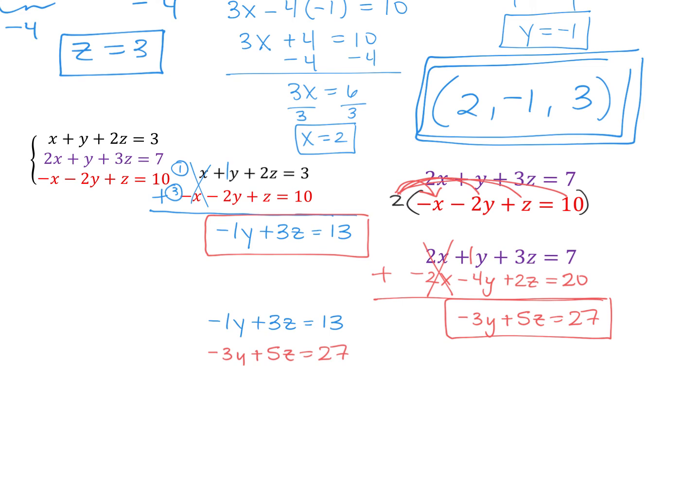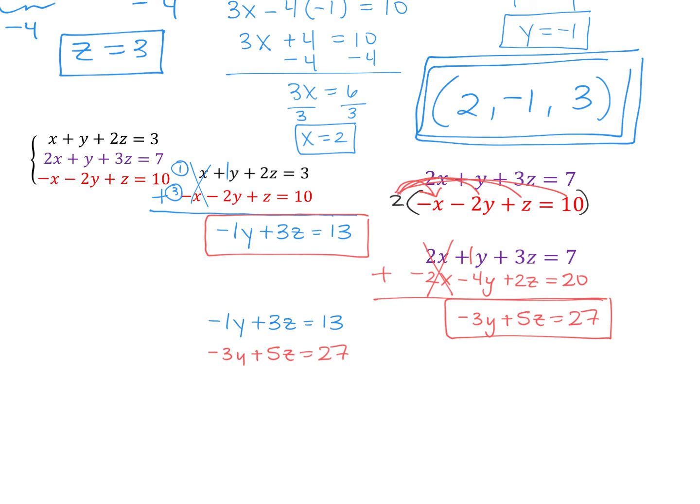Okay, so we're looking at these two. That's just the blue and the new red. How do we eliminate? I'll tell you what I would do. I would multiply the top one by -3.